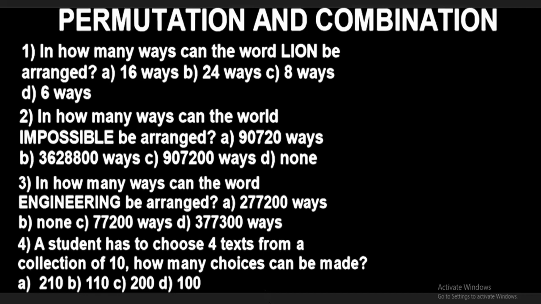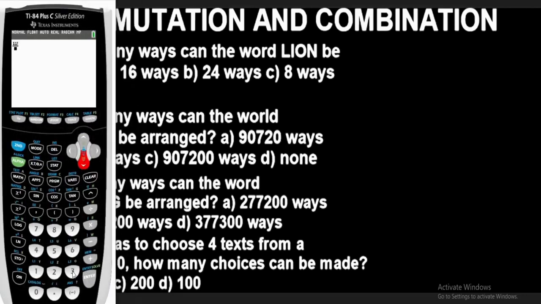So let's go, guys. Over 3 factorial, so we press 3, then alpha window for factorial, 9, times another 3 factorial. Alpha window factorial, 9, times this time around 2 factorial.